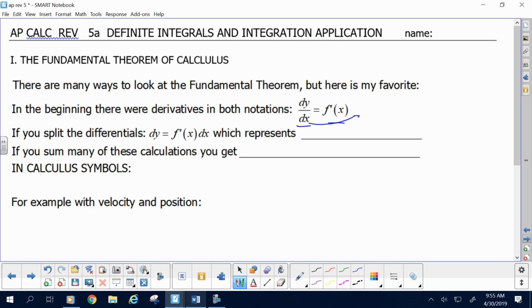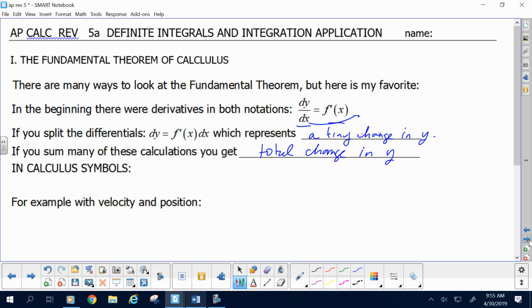Now dy is a tiny change in y. When you calculate that, it represents a small delta y, which is to say a tiny, tiny change in y. Now if you then sum all those calculations, you get a total change in y.